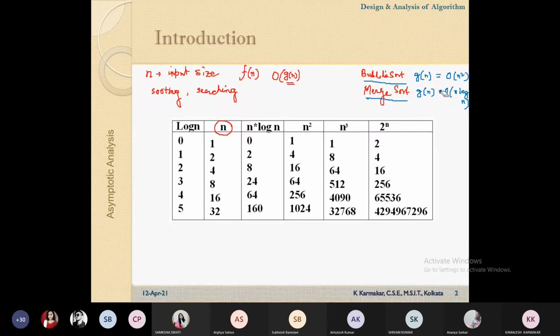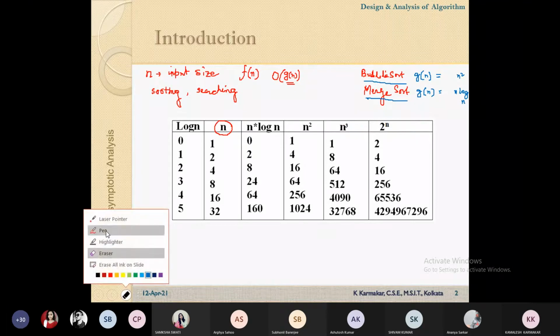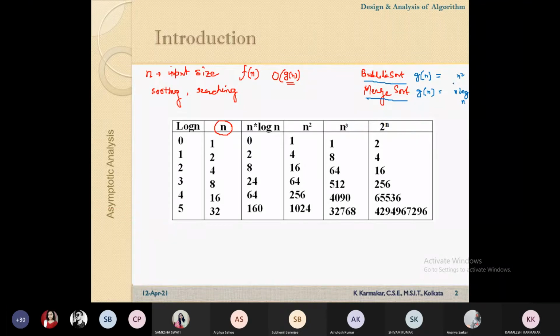Okay, so I should not write this big O. So actually we will put this G(n) here. So if I put this G(n) here, that will be the complexity of this algorithm, and the complexity of this function will be big O of G(n).